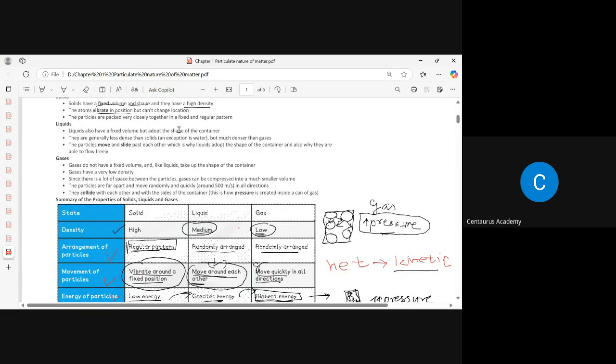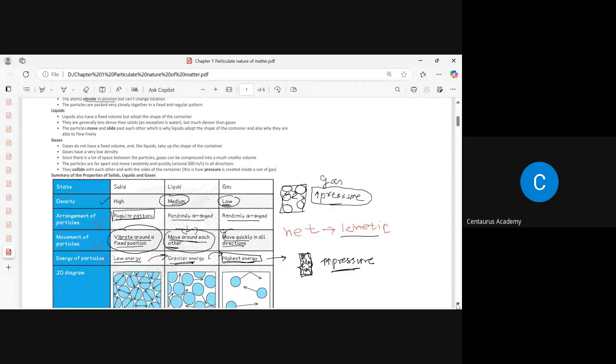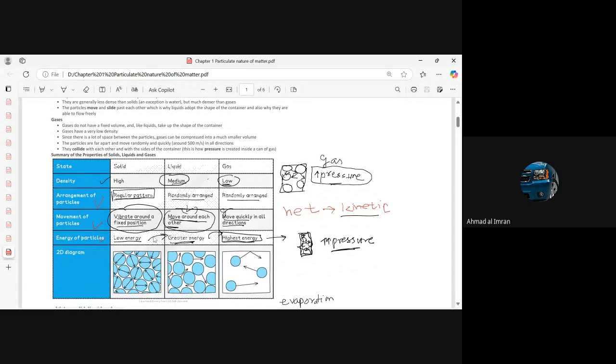Is everyone able to see the table here? Yes. Okay, so this table signifies that solid particles are in a regular pattern, very well organized, and they are only able to vibrate around their fixed positions.